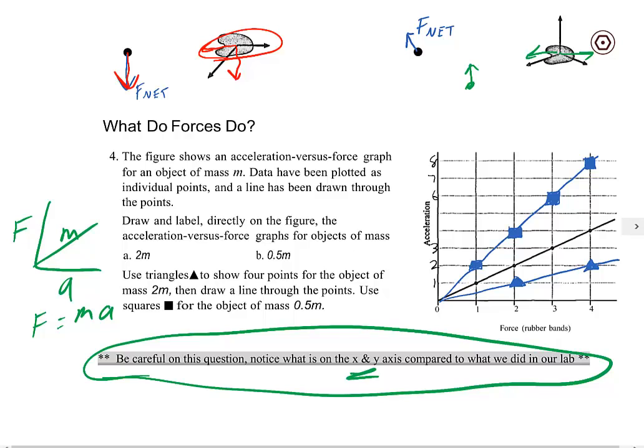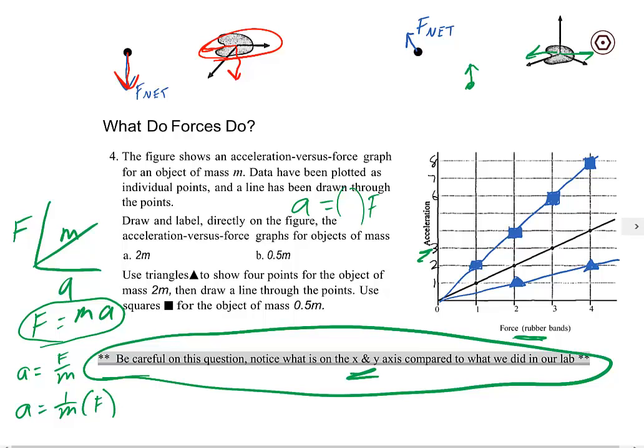Now if all of a sudden we have acceleration and force as the axes, we have to figure out what goes in the slope. If we rearrange this equation, you get a equals F over m. That's like saying a equals 1 over m times F.